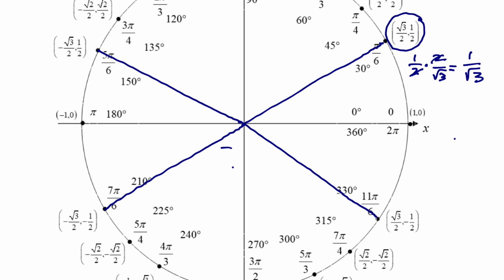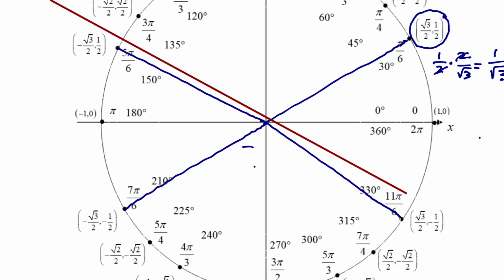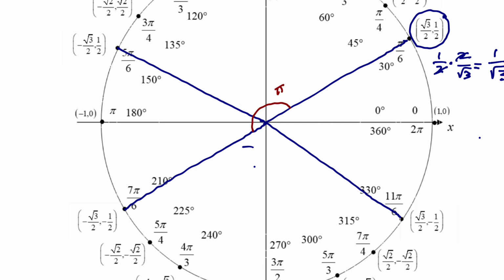One thing we can notice is that this pi over 6 and this 7 pi over 6 are only a distance of pi apart, right? That's pi. And same for 5 pi over 6 and 11 pi over 6. Those are straight across from each other, so they're a distance of pi apart. So I can essentially break this down to 2 cases.